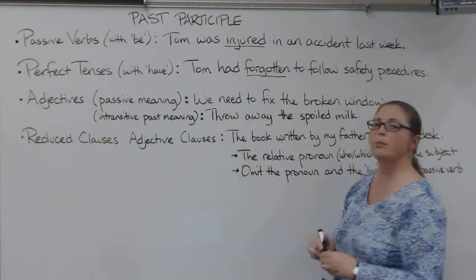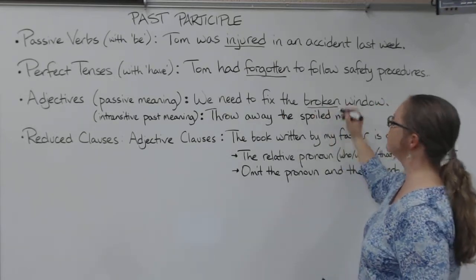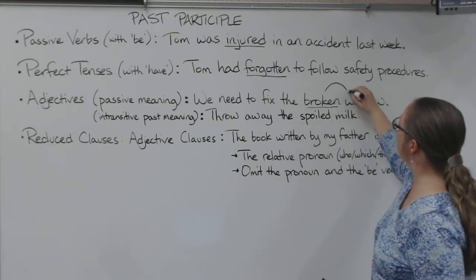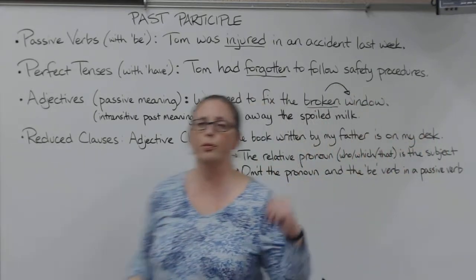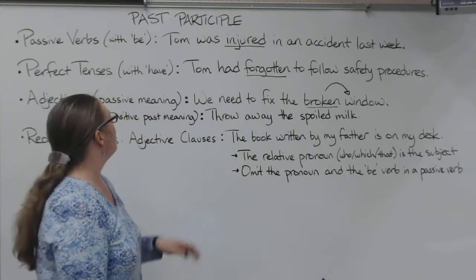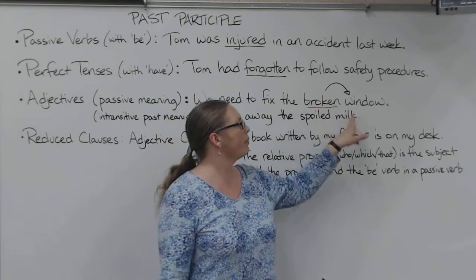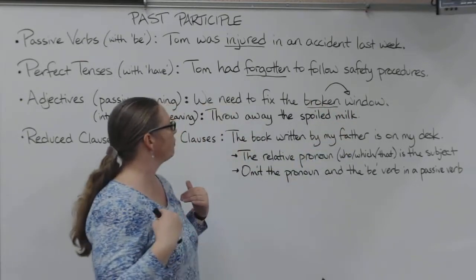We need to fix the broken window. Here is our past participle. It is describing the window. Window is a noun, so broken is an adjective that describes it. This says that someone broke the window. The window received this action.